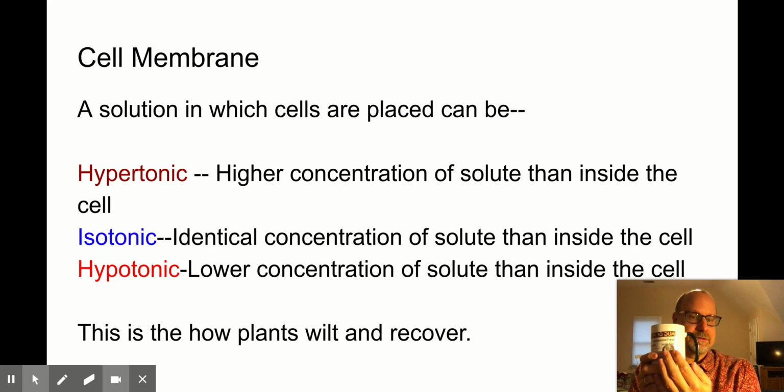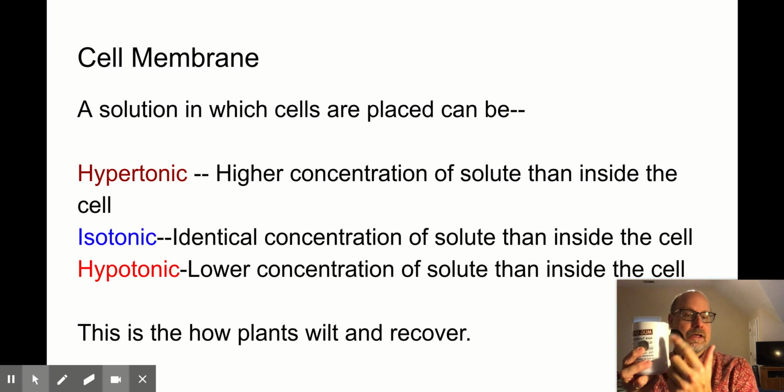And there's a certain concentration of solute inside the cell. What we're talking about is that when the concentration of solute is different inside the cell versus outside the cell, in the water out here, basically water is either going to go into the cell or come out of the cell.